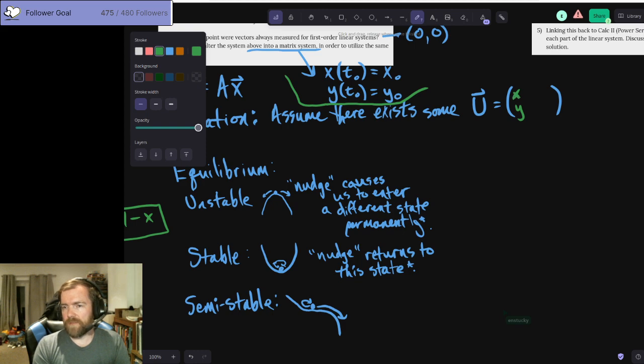So this effectively causes the u vector to become at the origin of a coordinate shift. So here this is just going to be (x minus x0, y minus y0).